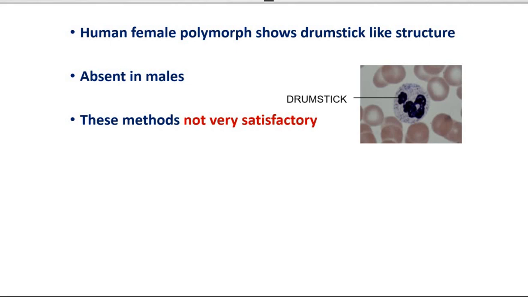But generally you may not find them in many cases. It's a very unsatisfactory procedure for knowing whether a slide has sex chromatin or whether 1 X is inactivated.